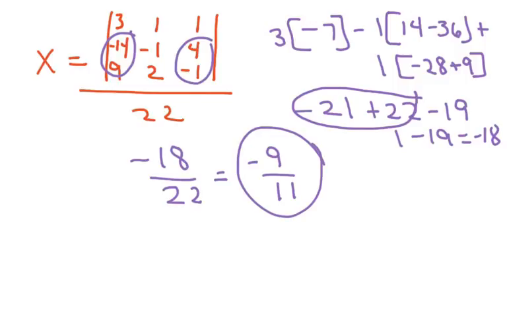Now I'm going to go ahead and set up your Y and your Z, and I'll let you do the computation. You can also do this in the calculator, but I want to just be sure to set it up. So hopefully you have this written down. Y is going to be over 22.